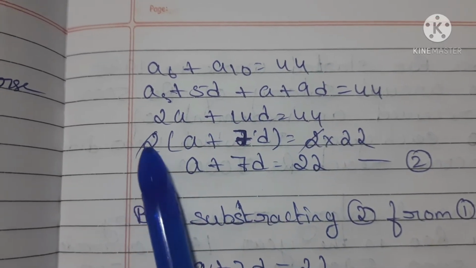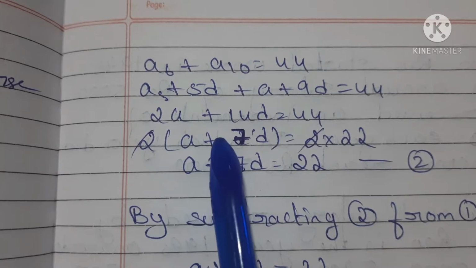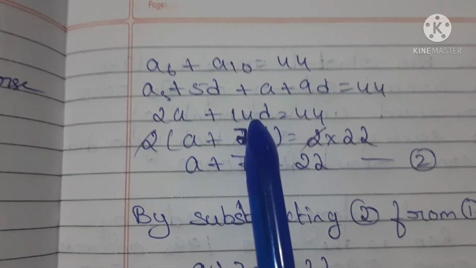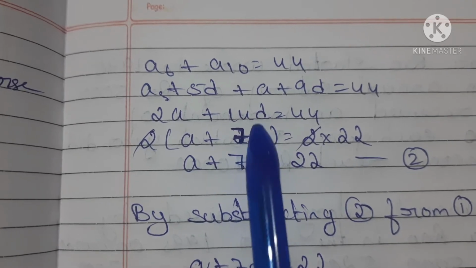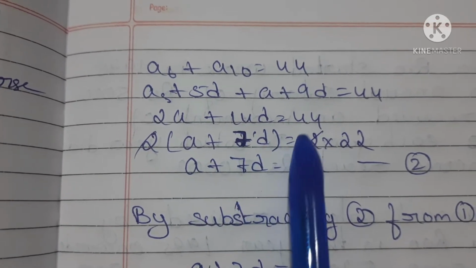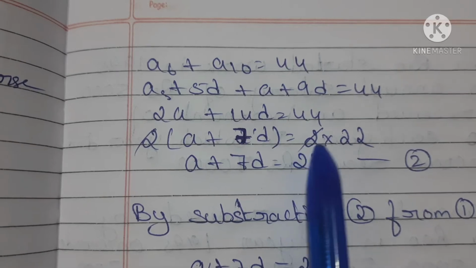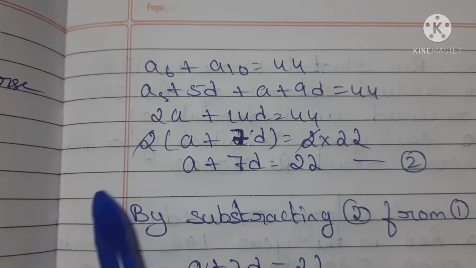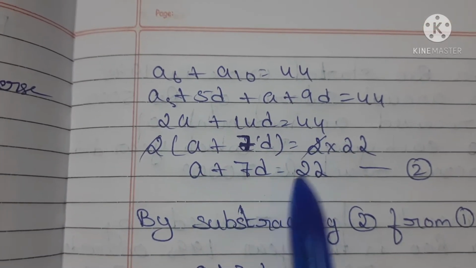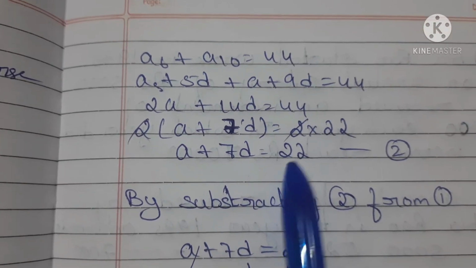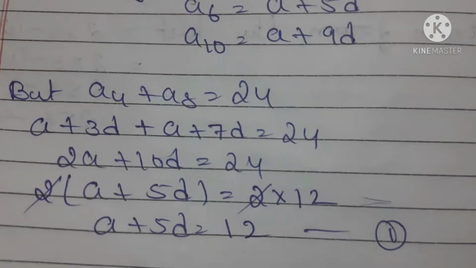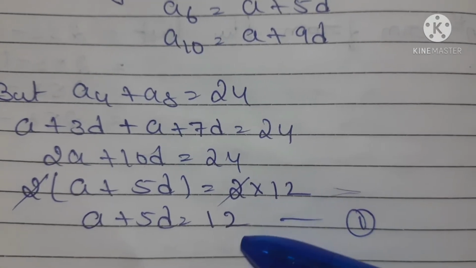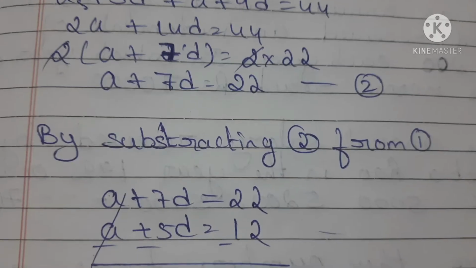Take 2 outside: 2 into (a plus 7d) is equal to 2 into 22. The 2s cancel. A plus 7d is equal to 22. Now this is equation 2, and this one is equation 1.